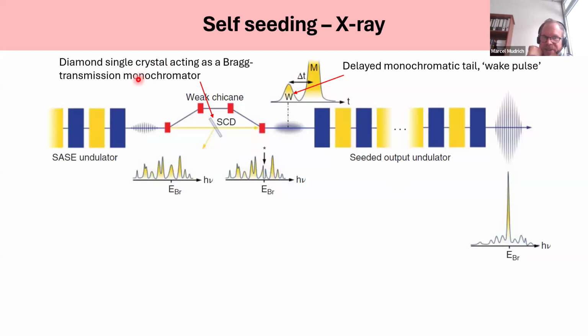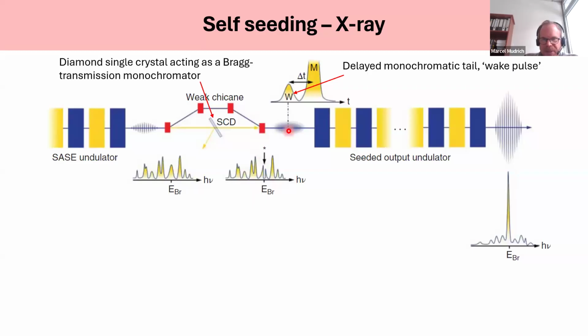You have to think about it for a while, like how can a dip result in a positive peak? But this is all the mystery of Fourier transformation between the spectral and the temporal range.